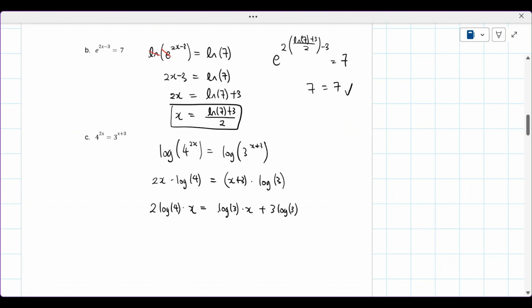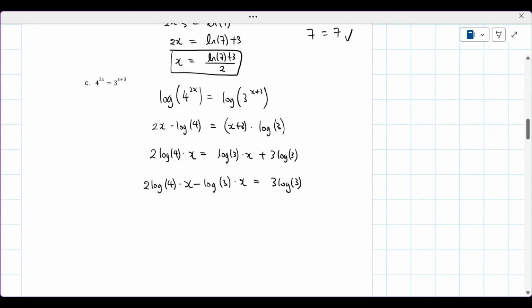So let's put all the x related stuff on the left hand side. Now let's factor out x. Finally, isolate x by dividing both sides.